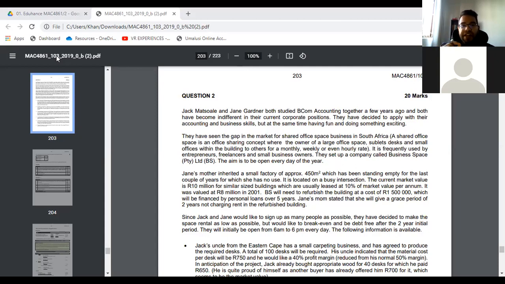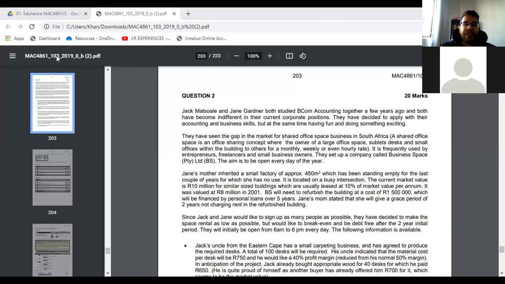Something is non-differential, not relevant, if whether or not you go ahead with the decision, it will still be incurred or still be earned. Whether you go ahead or not, you're still going to earn that income or incur that expense, so that item is not relevant because in both situations it's going to be there.